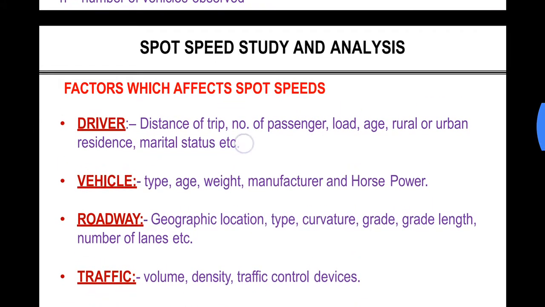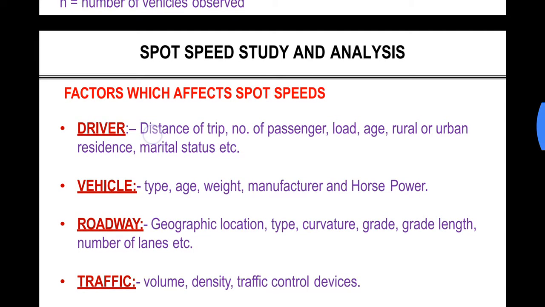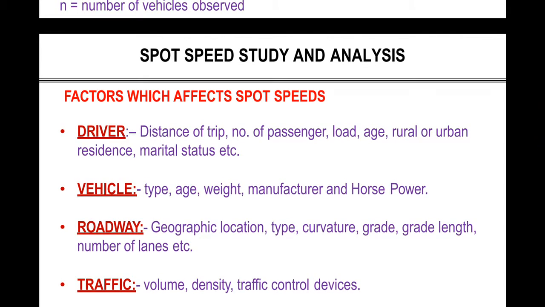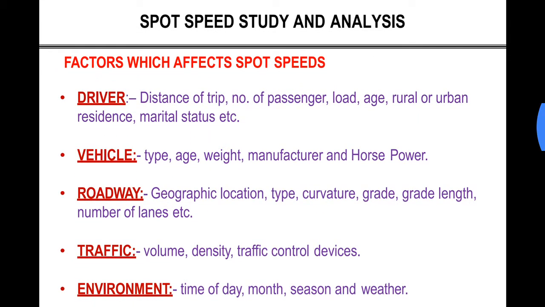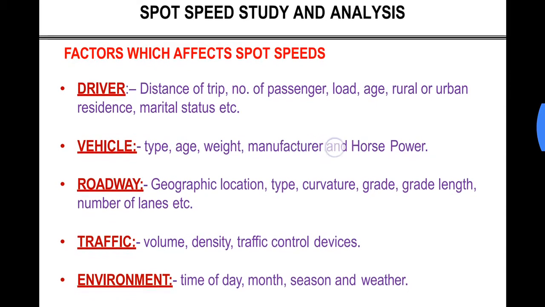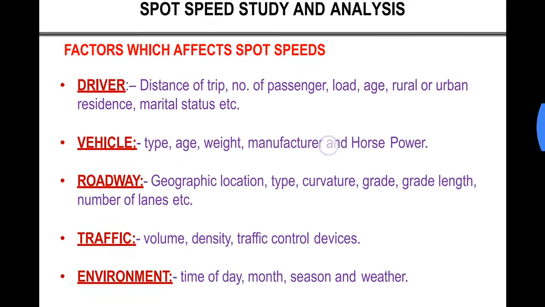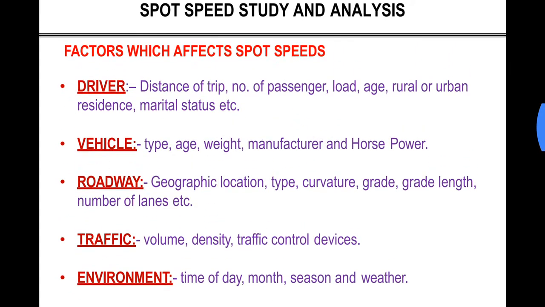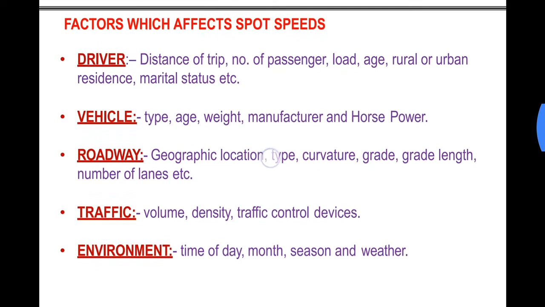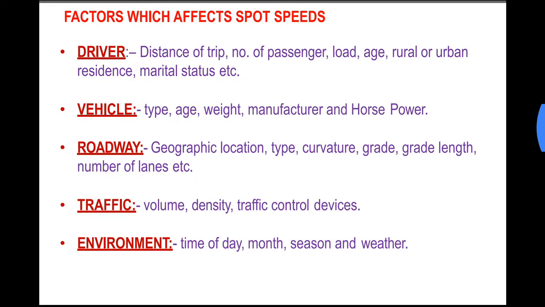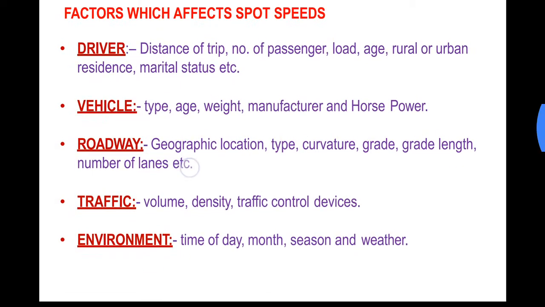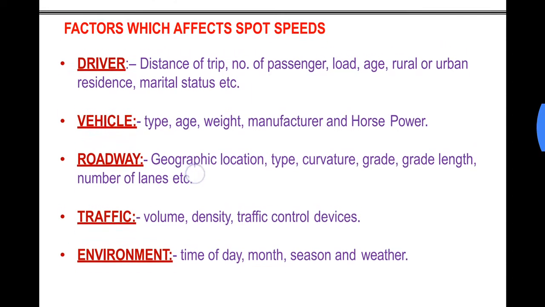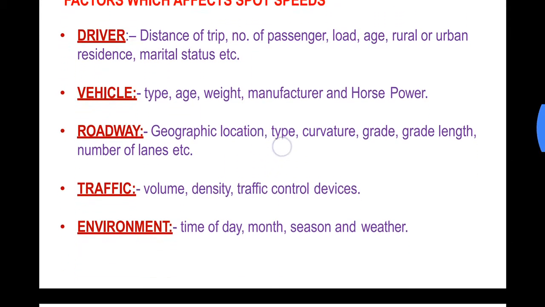So these are the factors which come under the driver's characteristics which affect the spot speed. Then in vehicle: the type, age, weight, manufacturer, and horsepower. These are the characteristics of the vehicle which affect spot speed. Then under roadway: geometric location, type of roadway, curvature present or absent, grade, length, and number of lanes. These are the factors which affect spot speed.